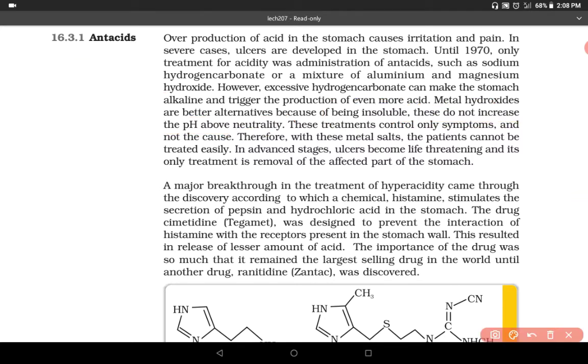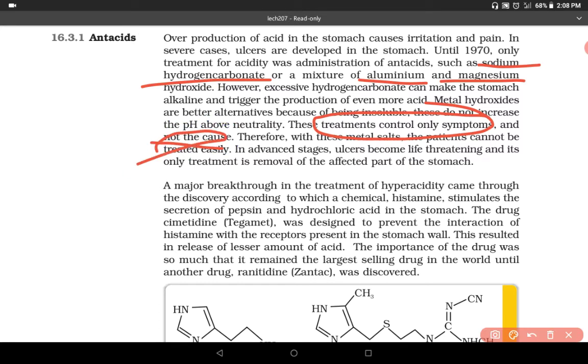These treatments control only our symptoms, not the cause. When we use these hydroxides of aluminum and magnesium, and sodium hydrogen carbonate, it cures the symptoms but also causes some effects, and after that extra problems will happen.